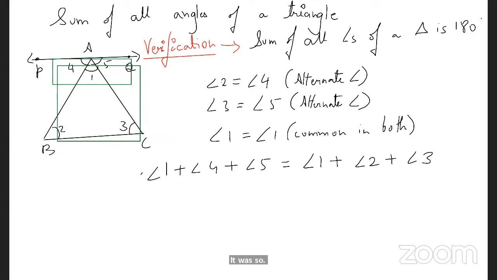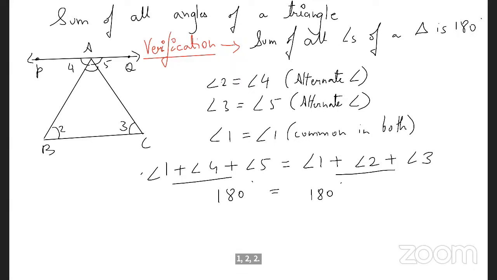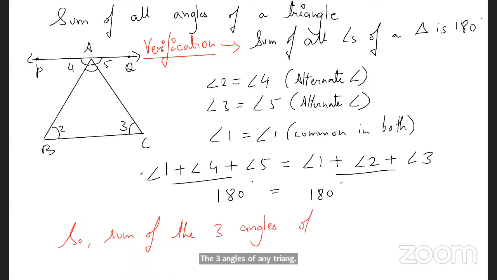So when this part and this part are equal, and for 1, 4, and 5 the sum is 180 degrees, the sum of the other side, that is 1, 2, and 3, will also be 180 degrees. Now with this we can conclude that the sum of the three angles of any triangle is 180 degrees.